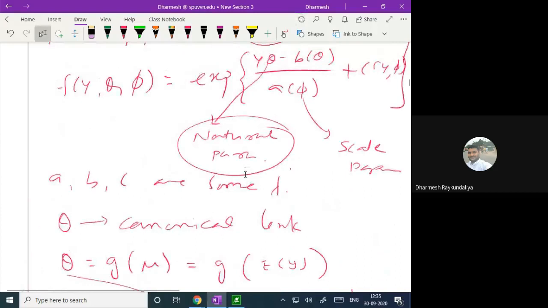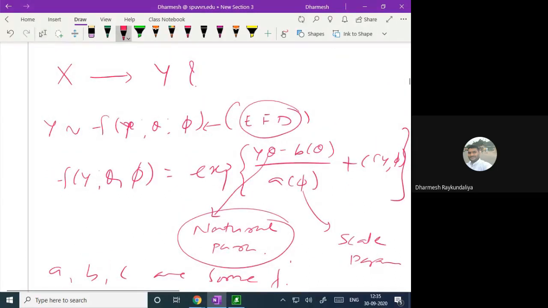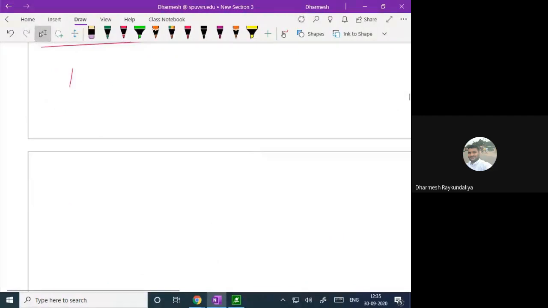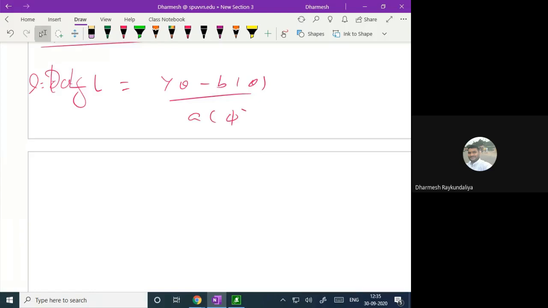Just write this particular density in the form of a likelihood, and then take the log likelihood. The log likelihood is nothing but y theta minus b of theta upon a of phi plus c of y, phi.